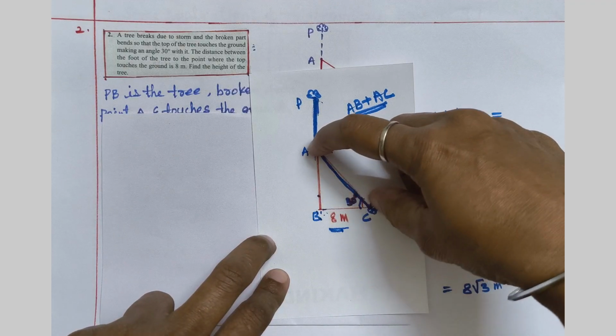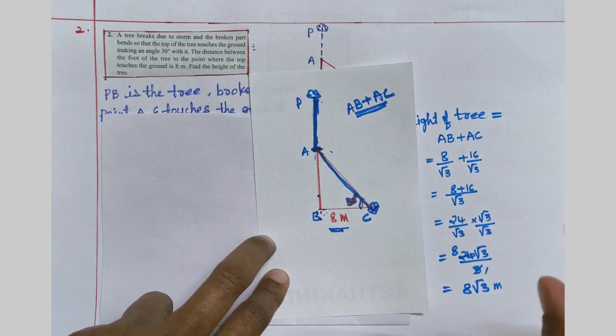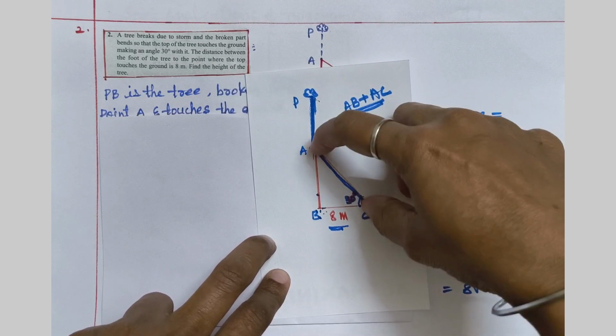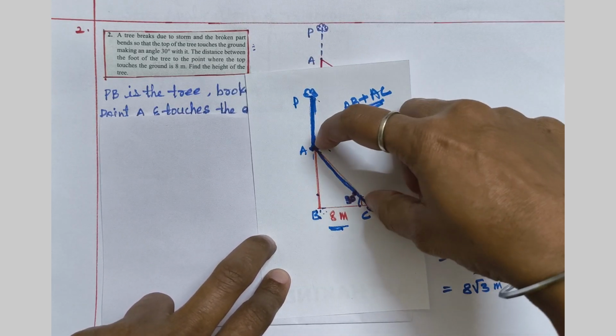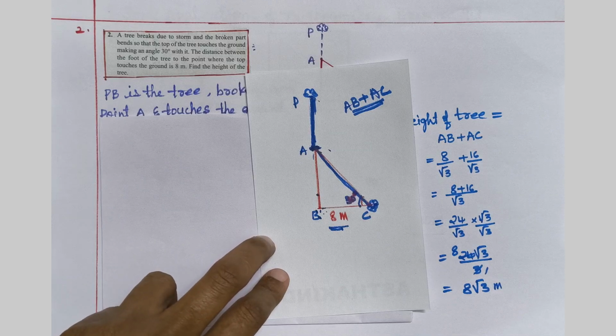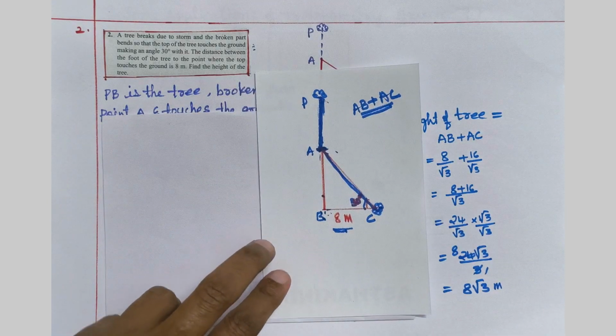This AC height and this height are both same. So AB height plus AC height gives the overall full height of the tree.